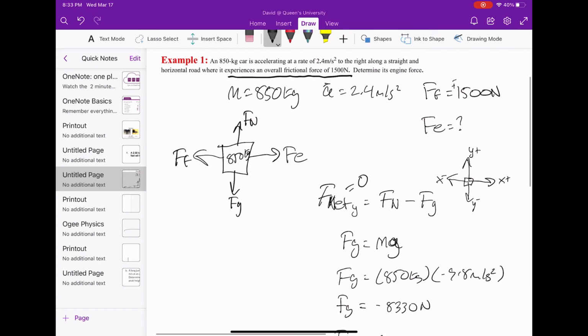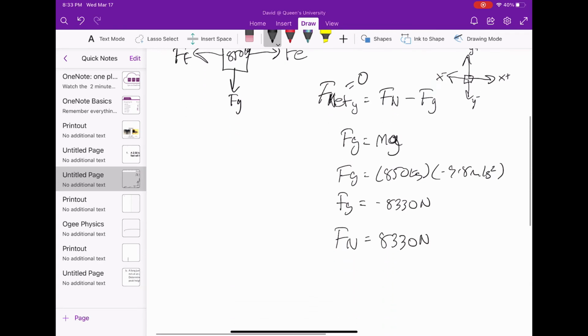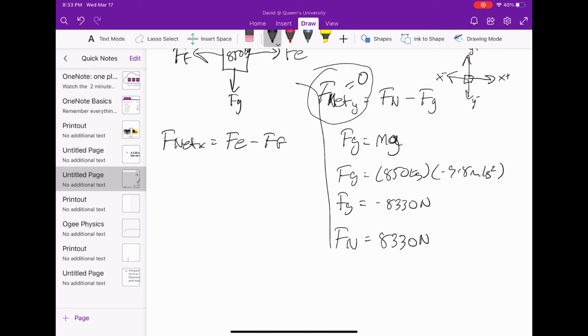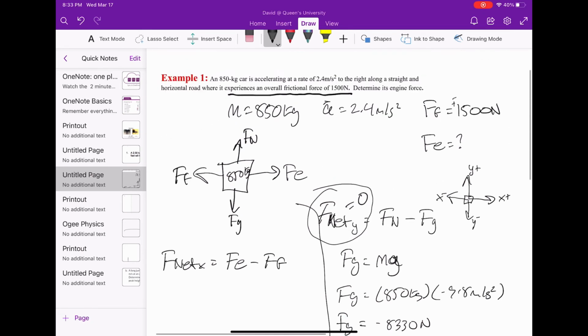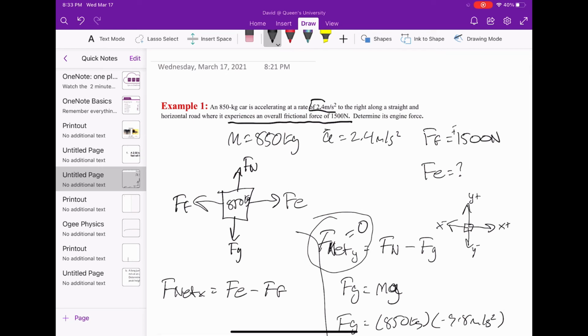And now let's find the engine force. So we can divide that, the F net in the X direction, which would equal the engine force minus the frictional force. But we can't do the same assumption we did for the Y. We can't say that F net X equals 0 due to the fact that it is accelerating 2.4 meters per second squared to the right.